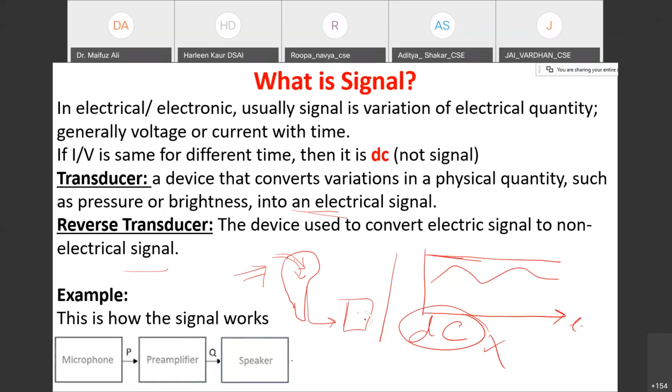Then the electrical signal is converted again to a sound wave or pressure wave and released to the environment, so people hear your voice very loud. This is the working principle of a mic. A microphone converts your sound wave to an electrical signal, which is amplified and reconverted to a sound wave or pressure wave.